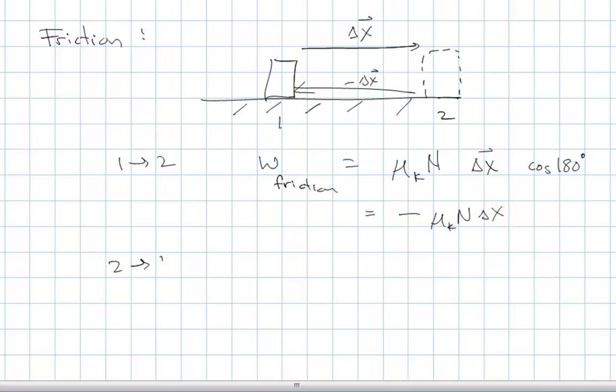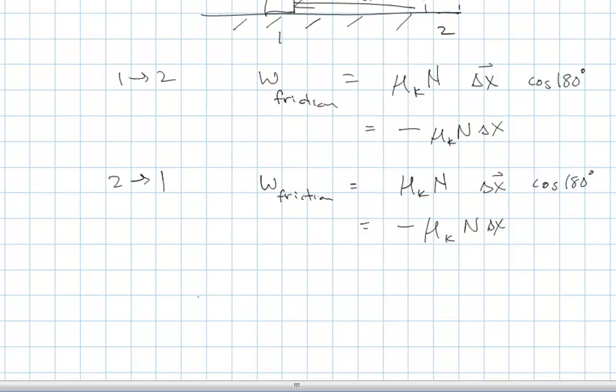And going from 2 to 1, the work done by friction is going to be the force of friction times the displacement times the cosine of 180 degrees. And we add those two together, and we do not get 0.